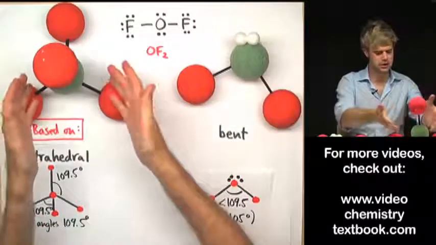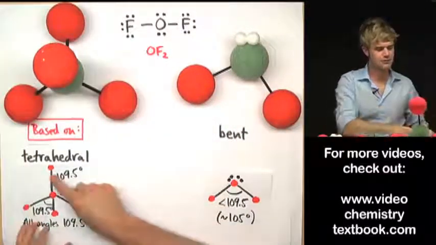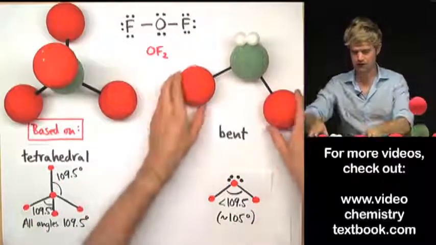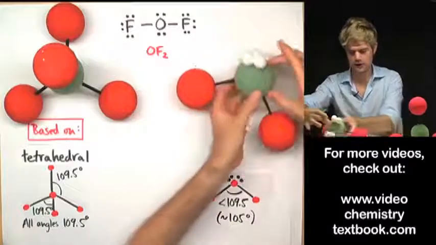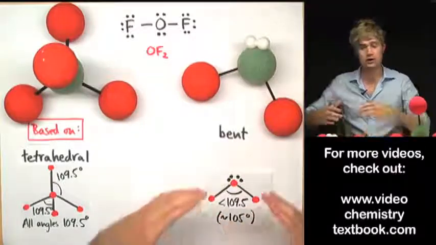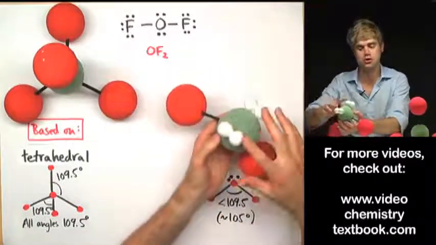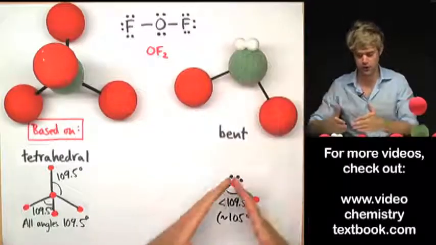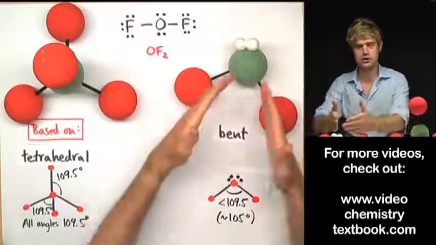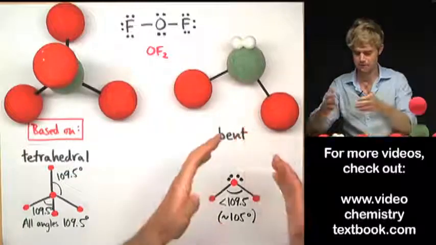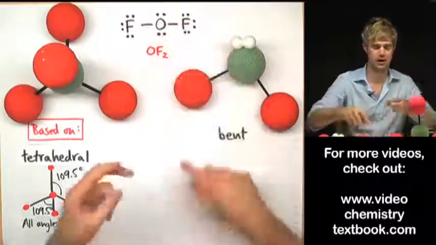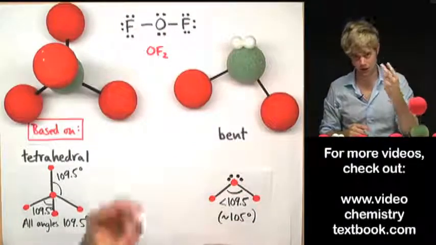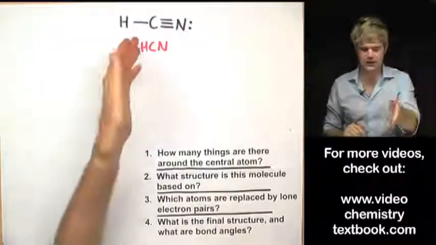So in a regular tetrahedral molecule, the angles between the bonds are 109.5, but in the bent, where these are pushing harder, it's going to be more like 105 degrees, because we have 2 electron pairs that are pushing. So they really push these 2 atoms closer together. So we get a bent molecule with 105 degrees when we have a central atom surrounded by 2 bonds and 2 lone electron pairs.